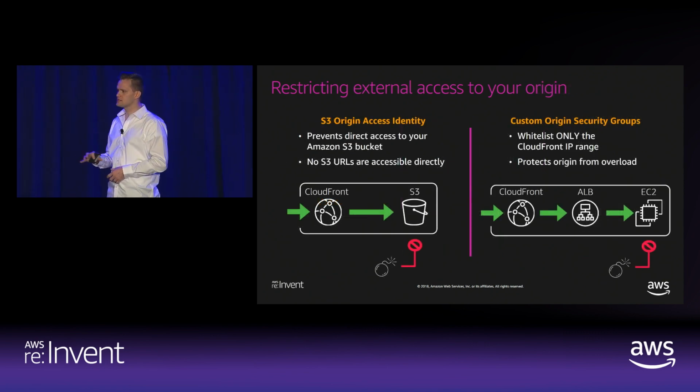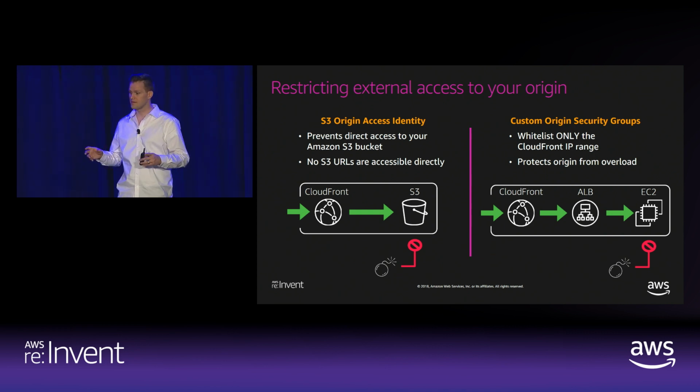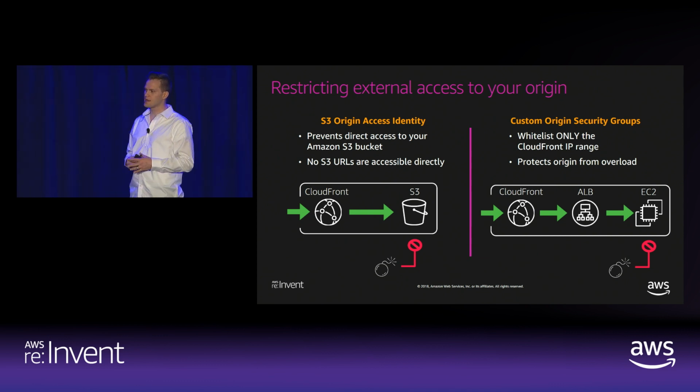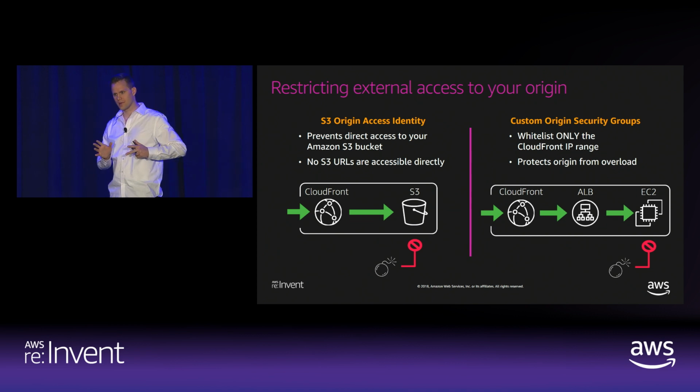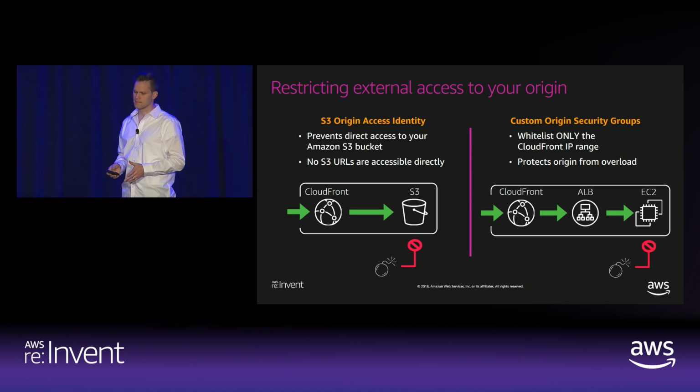Now, no matter how secure you make CloudFront or your front door, if your origin is still directly accessible from the public internet, all of these security measures that you're taking sometimes might be rendered completely ineffective. This is where it becomes vitally important to reduce the surface area of your application and make it only accessible through a known path, being your front door through Amazon CloudFront. And we can do this in multiple ways.